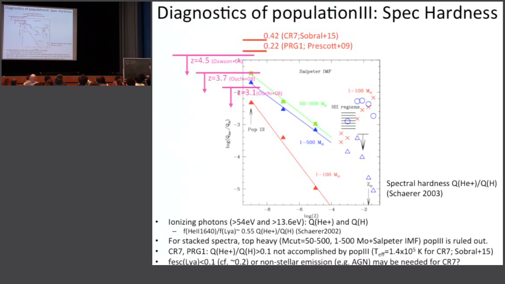Lyman-alpha luminosity has a correction factor of the escape fraction. If you correct by the average escape fraction of 0.2 for redshift around 7, then these points come down around here, probably a factor of 0.04 or something. Then it's very close to Population 3, but still a little bit high.